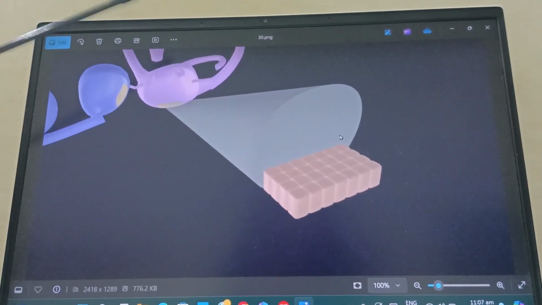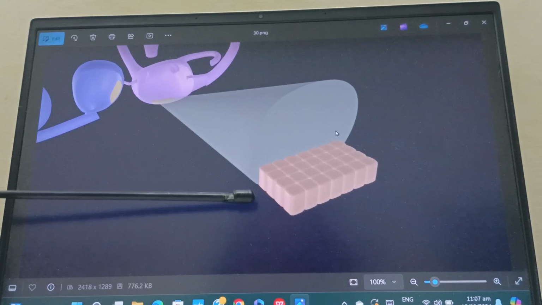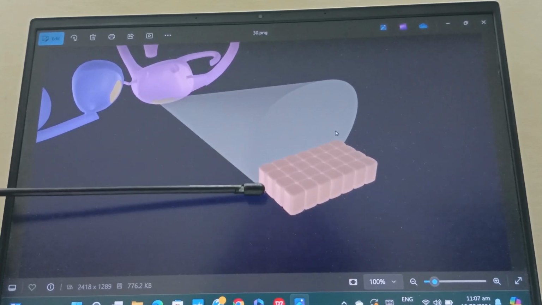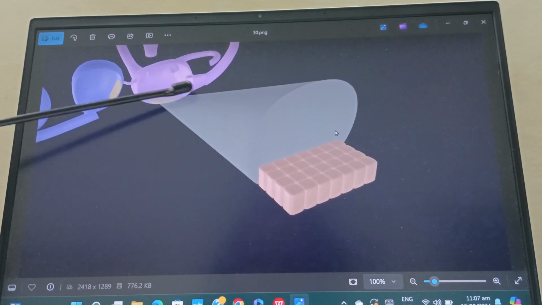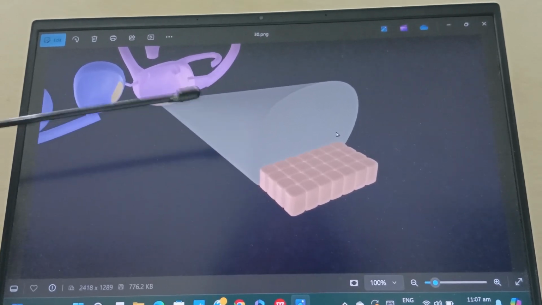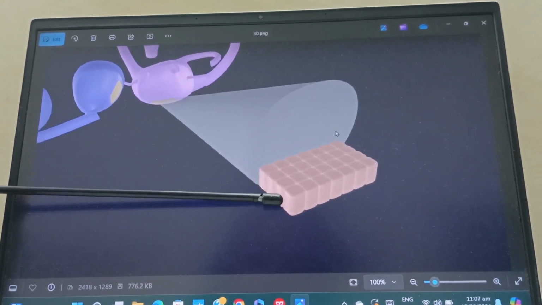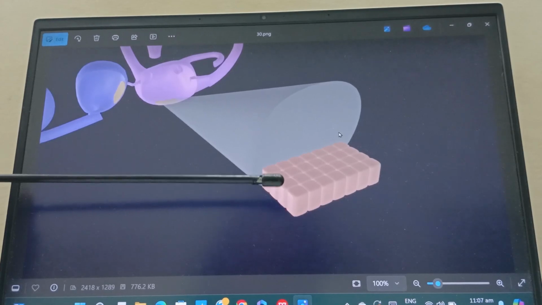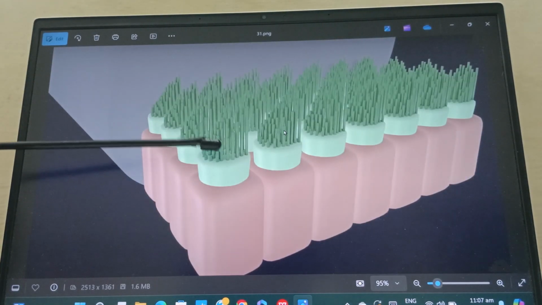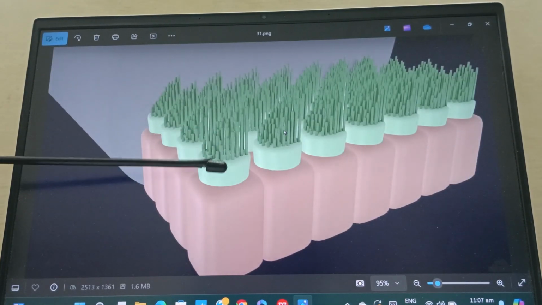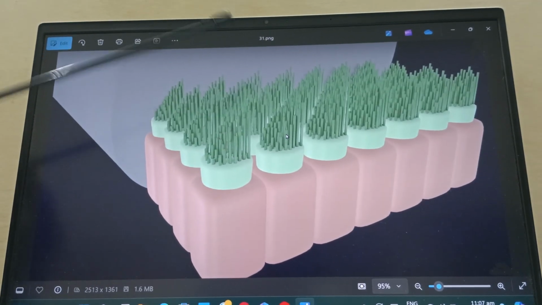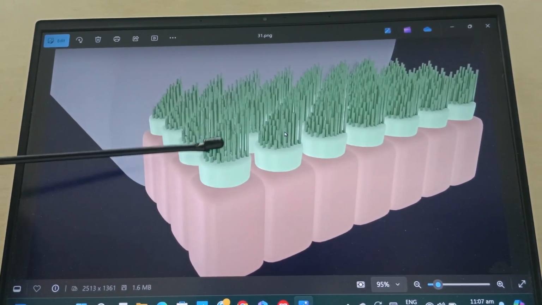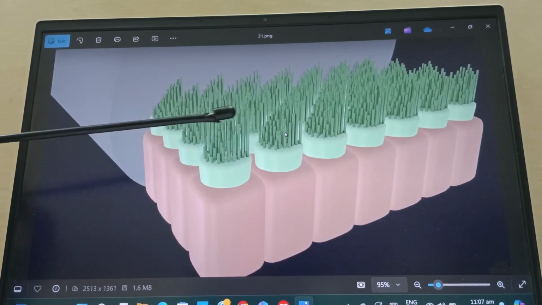Now this picture is showing you the enlarged view of the specialized sensory area carrying various cells, and you can see here the utricle, and we can have a look at the macula. Let's see the various hair cells. Here we see the macula having the hair cells, the stereocilia over it, and the kinocilium.